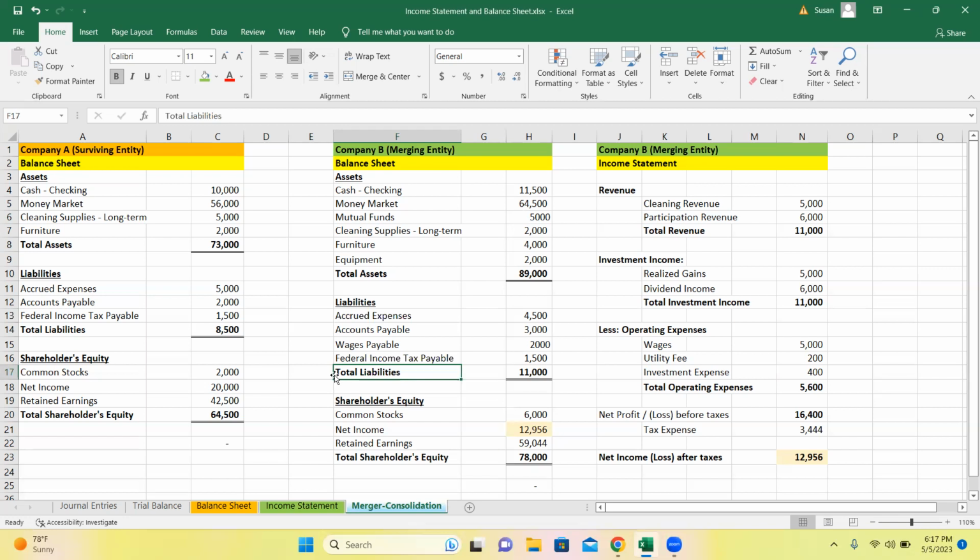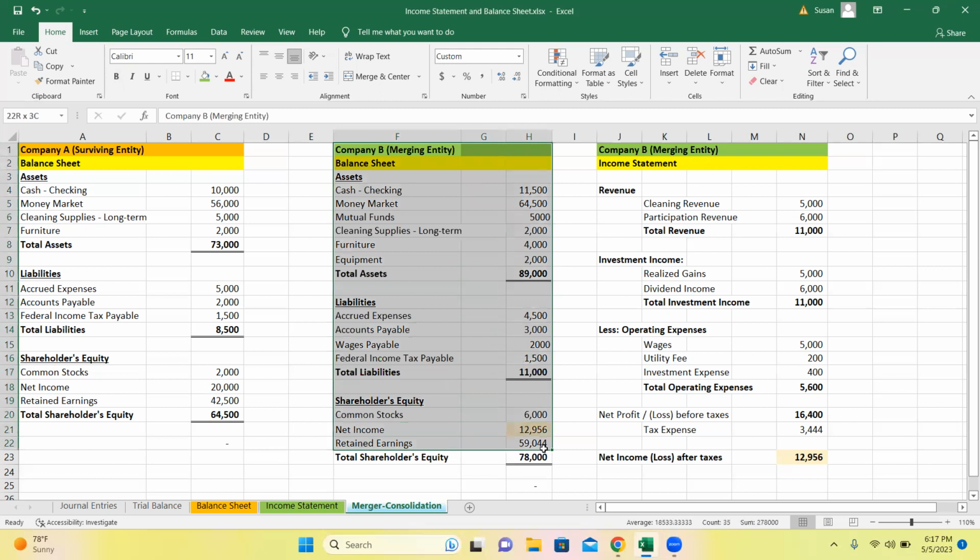And we'll just have a few assumptions right now. Let's assume these are the year-end 2022 numbers, and they operate at a calendar year-end. So it is as of December 31st, 2022.